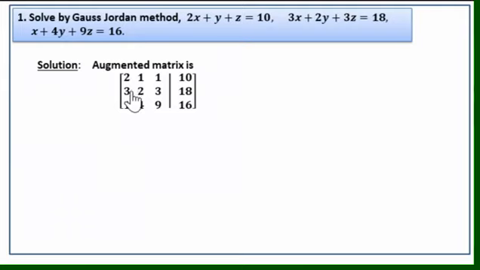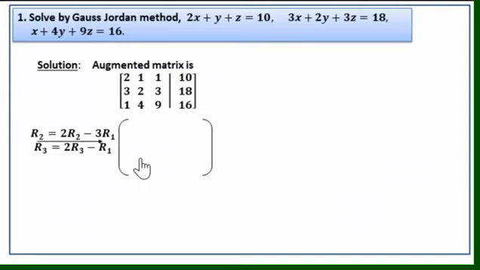The row operations will be R2 equal to 2R2 minus 3R1, and R3 equal to 2R3 minus R1. So no changes in the first row.